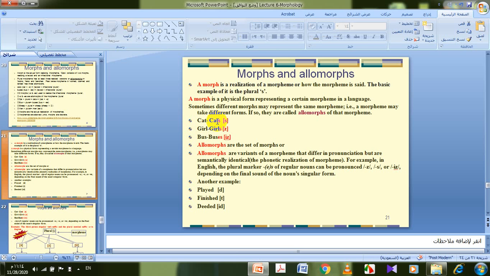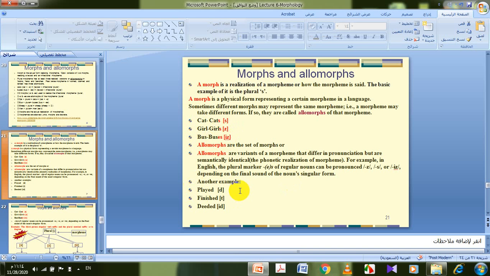What makes it one or the other is the final sound in the singular word, like cat, girl. This makes the plural either is, or is.